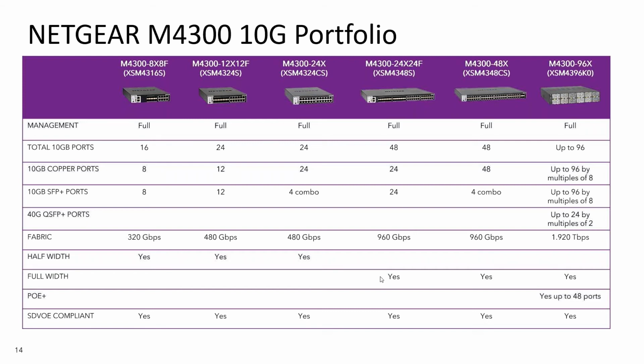Okay, another question. Do these have stacking ports, or do you have to use the SFP or QSFP ports for stacking? As a follow-up, when stacking, can the other SFP or QSFP ports be used for edge switches? Currently we don't have a dedicated matrix stacking device. We use Ethernet ports, so you're correct. We use either the 10 gig copper or 10 gig SFP ports to stack that device.